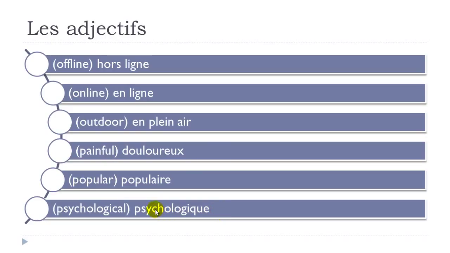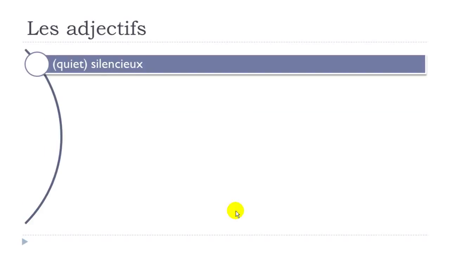Okay, remember it's an exception here because you've got this C-H-O. Normally we should pronounce it CHO, okay, but in that case we pronounce it CO. Psychologique. Remember, final Q-U-E like that. K. Psychologique. Silencieux. Final X not pronounced.